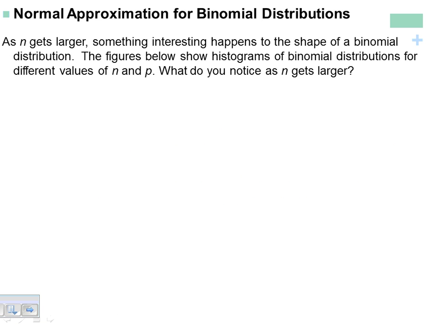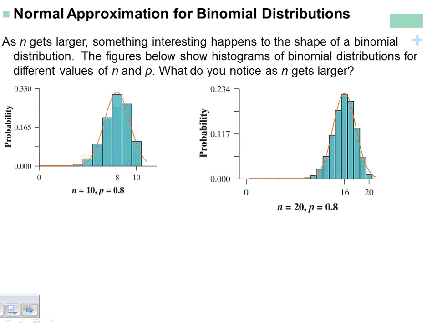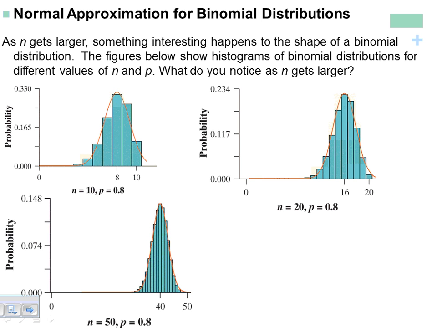Okay. So as n gets really big, something interesting happens to the shape of a binomial distribution. What do you think it is? Hopefully you can see as n gets bigger and bigger, binomial distributions will become more and more normal.